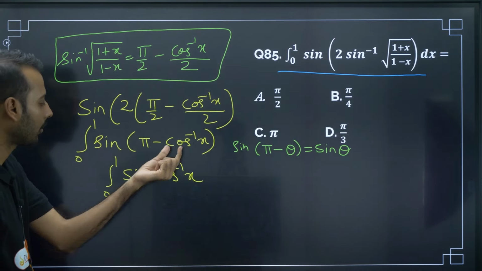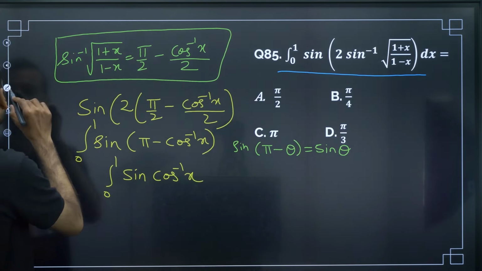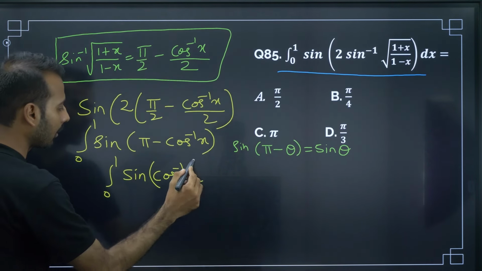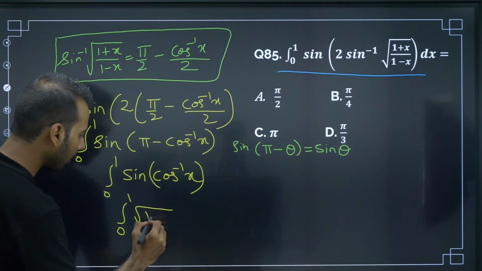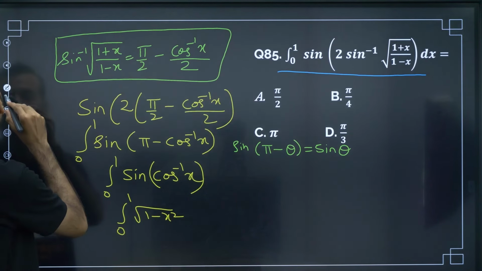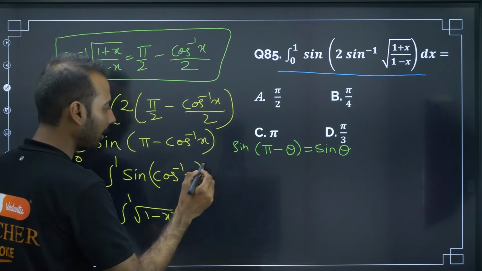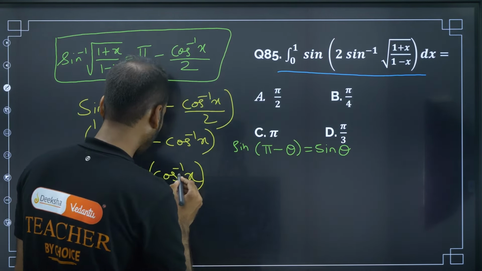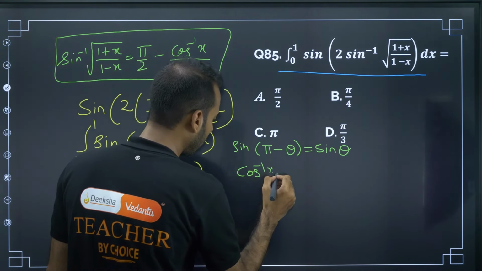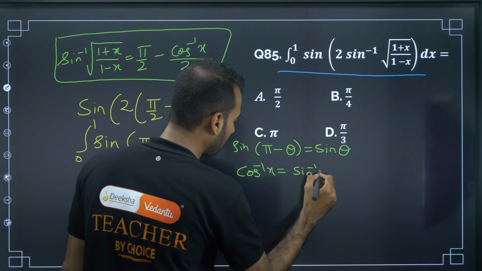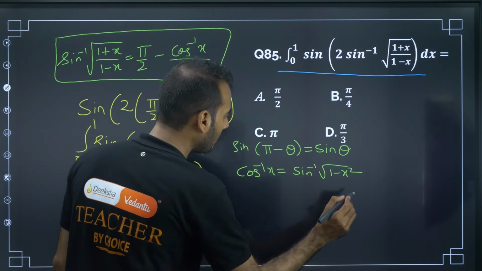So sine of pi minus cos inverse x is sine of cos inverse x. Next, sine of cos inverse x is root of 1 minus x square, from 0 to 1, because again from inverse trigonometry, we can write cos inverse x as sine inverse of root of 1 minus x square.